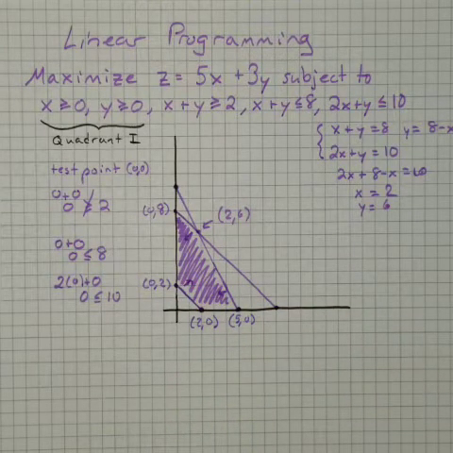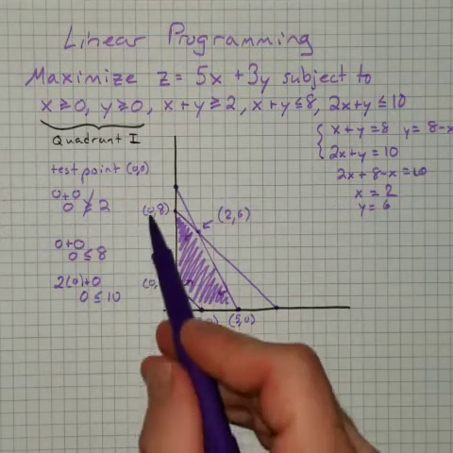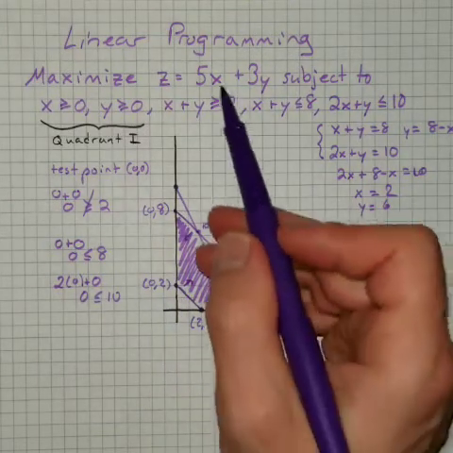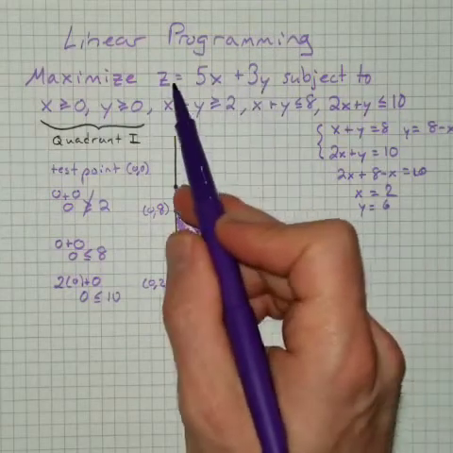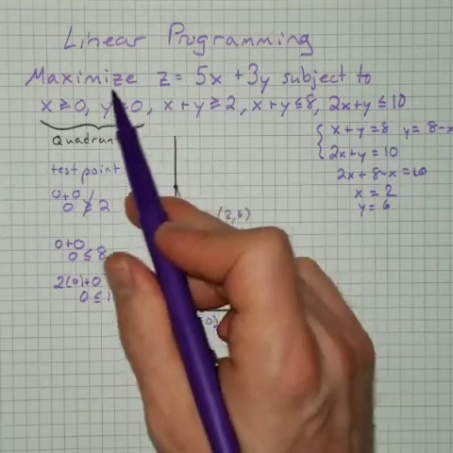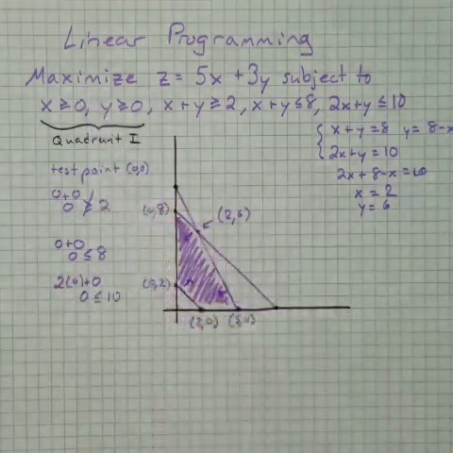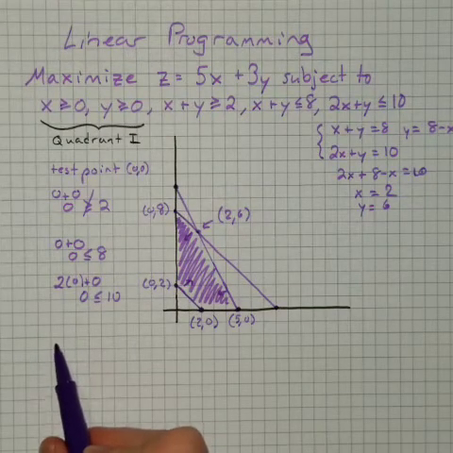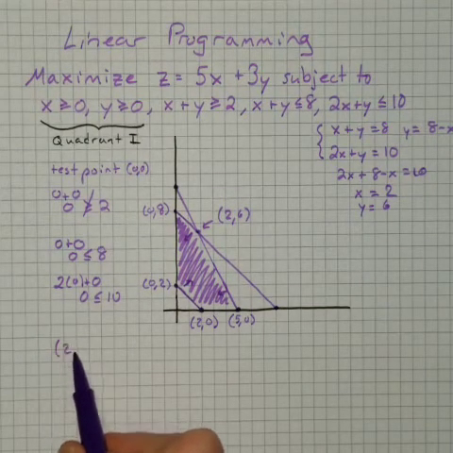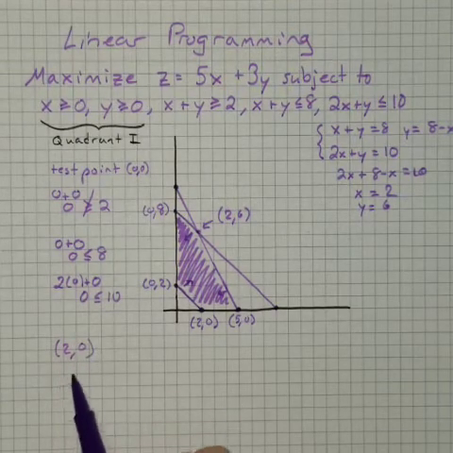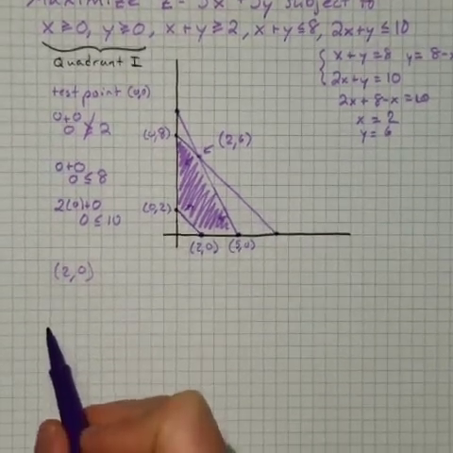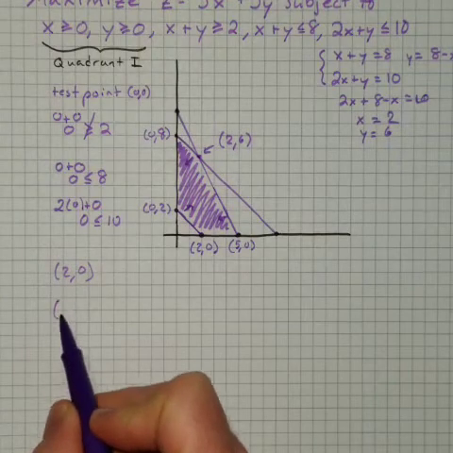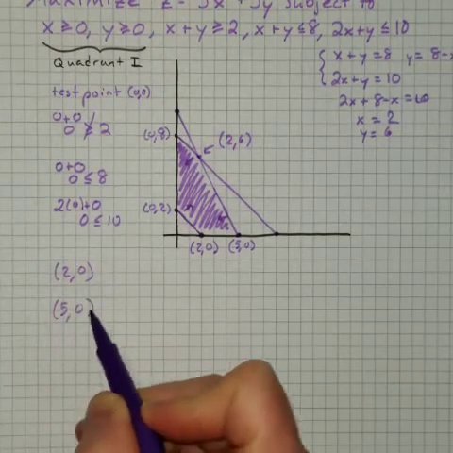Finally, I have to take all 5 of these points, plug them in to the objective function, and see which one gives me the largest value. Okay, so I'll list off all these points. We'll start at 2, 0. We'll do 5, 0.